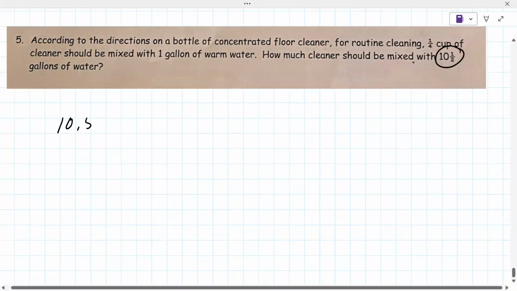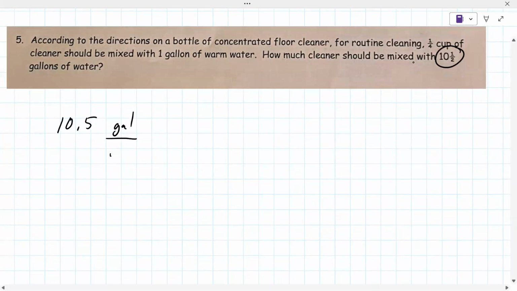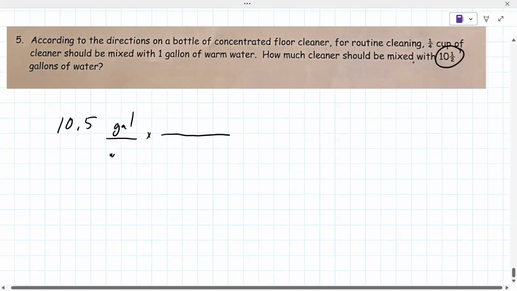So you mentioned that earlier. You really do want to start with the gallons of water here. And then we know that you're mixing, for 1 gallon, 1/2 or 0.5 cups cleaner.